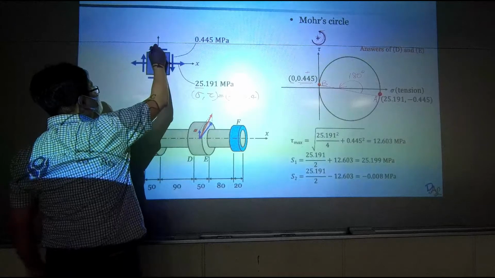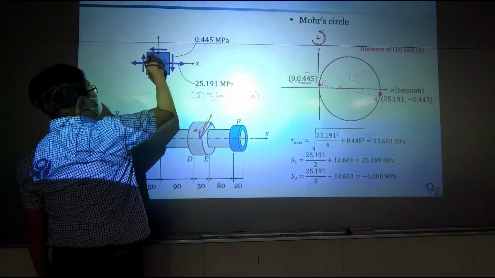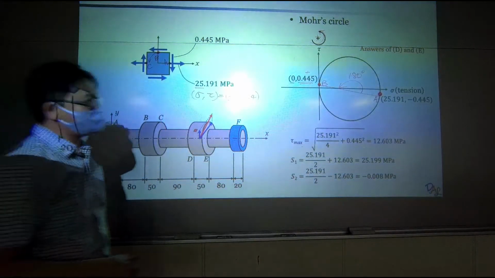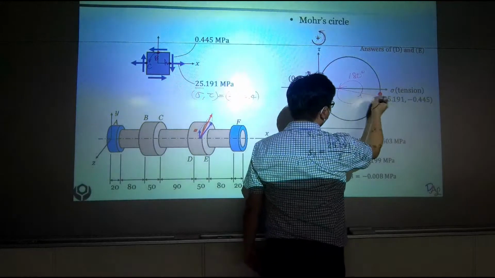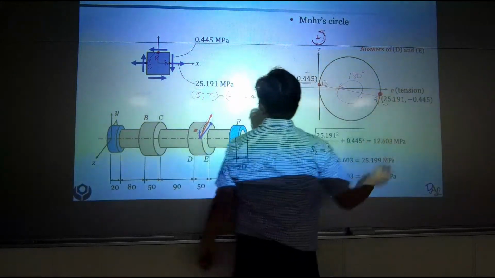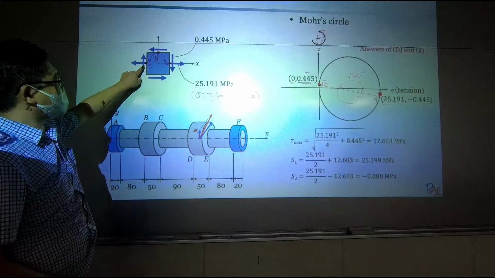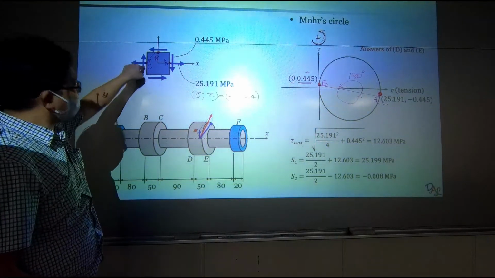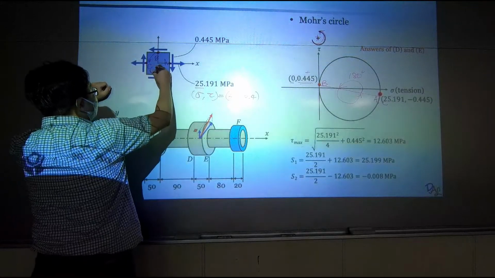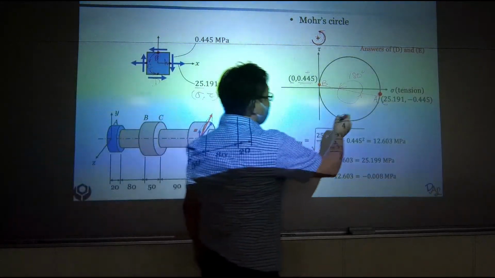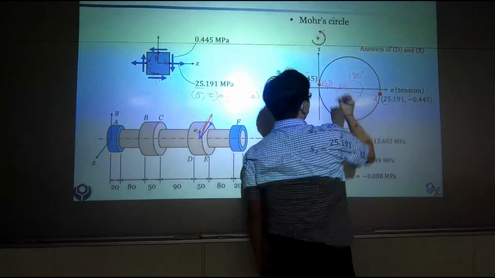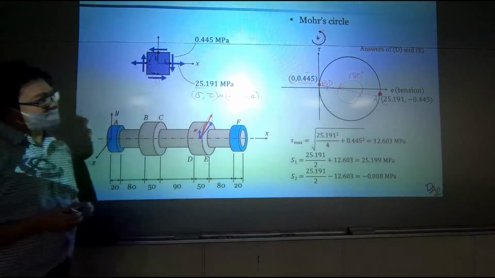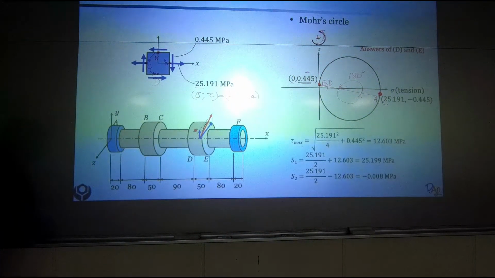So when I move on to point C, if I turn 90 degrees again, I'm turning 180 degrees back to C right here. That's why you get the same normal stress and shearing stress. If you make a turn again, this is where your D is, and then you are back to here. B and D have the same loading condition.